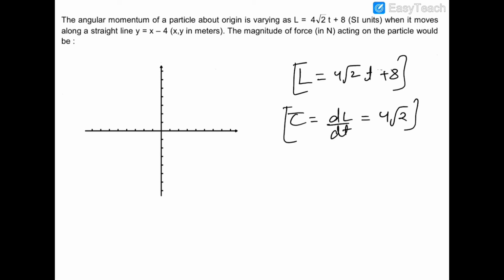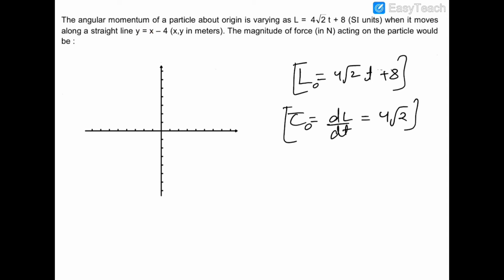This angular momentum is given about the origin, therefore the torque would also be about the origin. Now we have to find the force acting on this particle. This particle is moving on the line y equal to x minus 4.